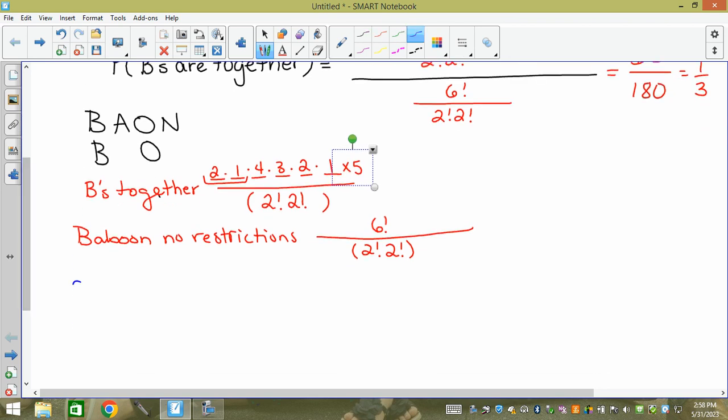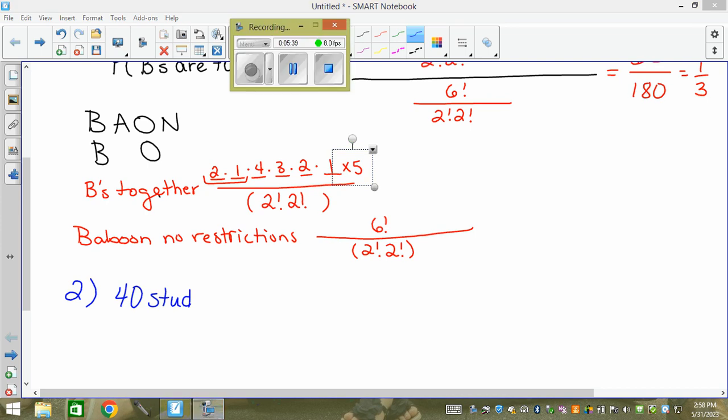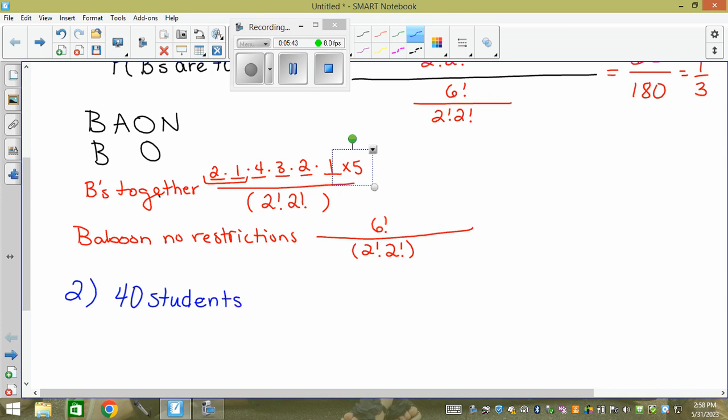So number 2, there are 40 students and 5 teachers. Form a 5-person subcommittee.